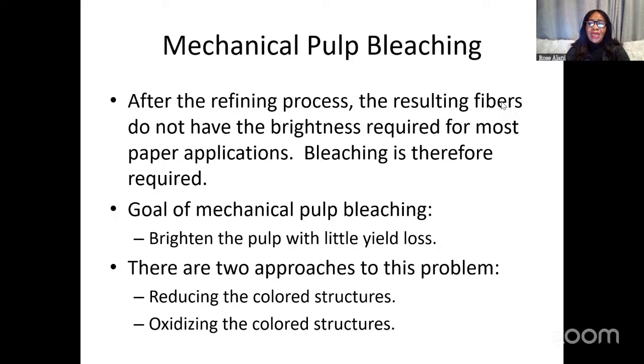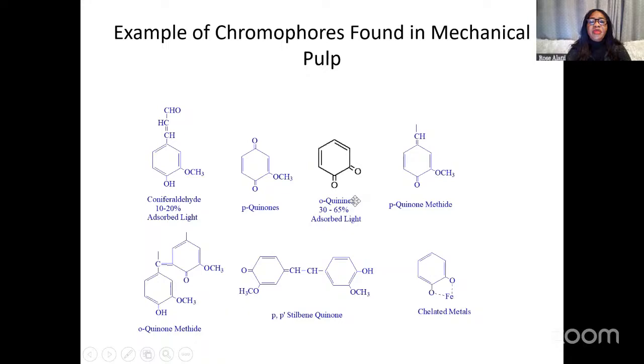We have two approaches which I mentioned on the first slide. One is reducing the colored structures, and the other one is oxidizing the colored structures. Either of the two approaches will achieve brightness of pulp. I talked to you about chromophores before, which are the color carrying compounds in lignin.